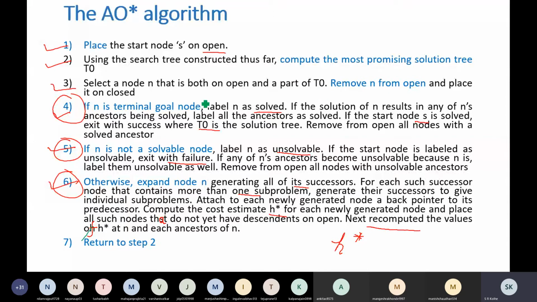Only one promising tree is there. Now on open you will have A and B. In T0 you have S, A, B. And on open you have A and B only. So either A or B you will have to remove from open. Am I right?